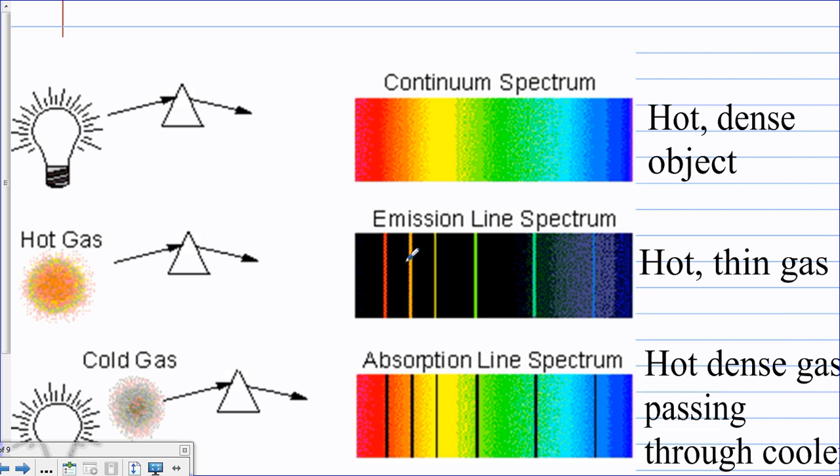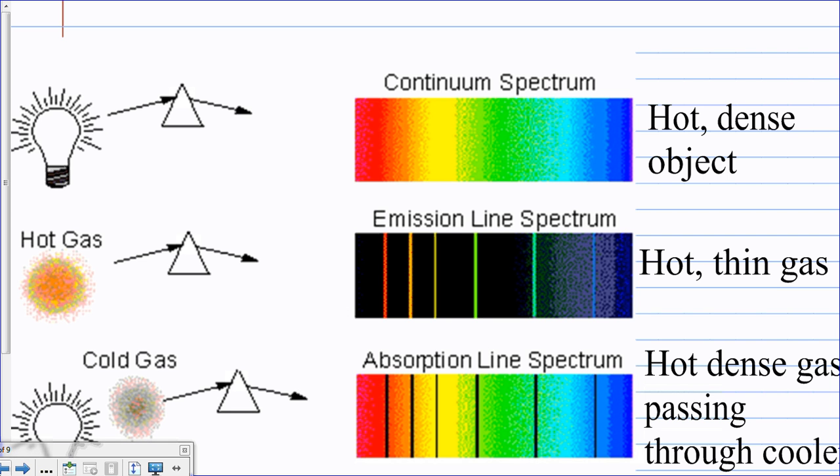And so we look at these emission lines and we match it up with what we already know exists by different elements, because we can burn those elements, we can look at them through the spectroscope, and we can see what the emission lines look like from a particular element as it burns. So then when we look at the star, if we see those same lines, then we know that element is present.